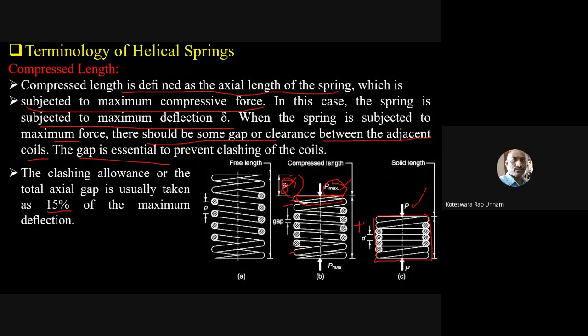Here the maximum deflection is delta. I call it maximum deflection because I am applying the maximum load, so the deflection corresponding to the maximum load is the maximum deflection.